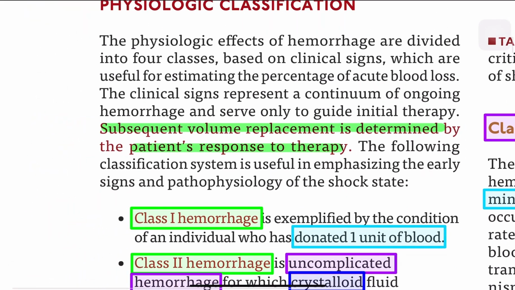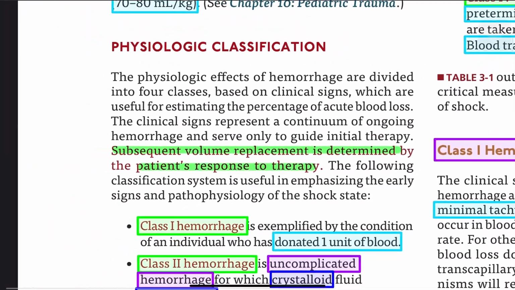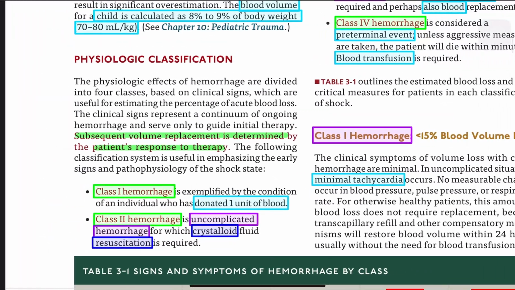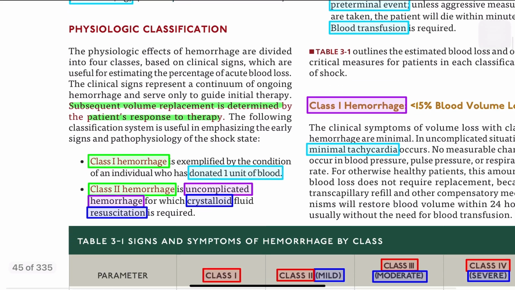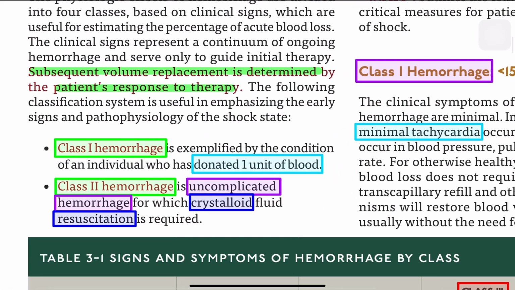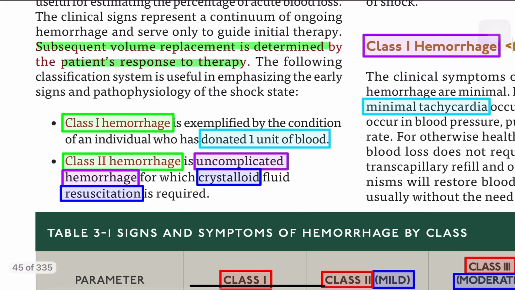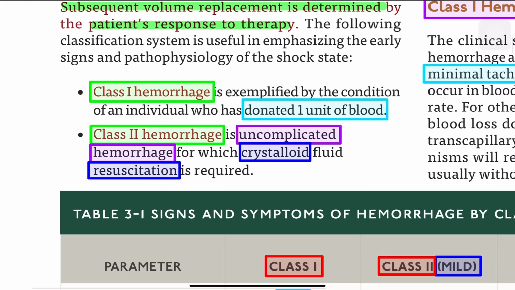Then we have the classification of shock. This is the most important of all topics in shock, and every year you will get 1 or 2 questions from this table only. So listen carefully. Class 1 hemorrhage: if any patient donated 1 unit of blood, it will come under class 1 hemorrhage.